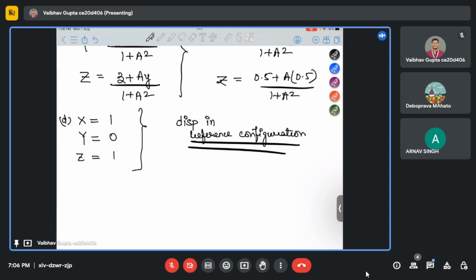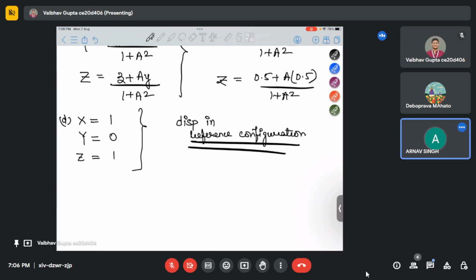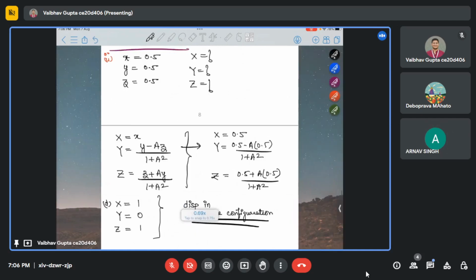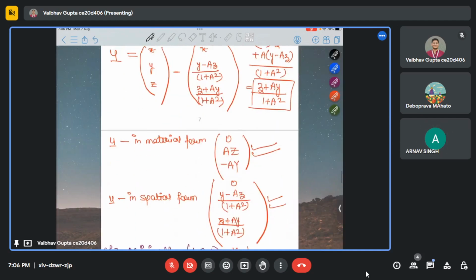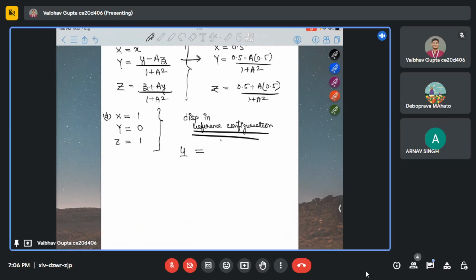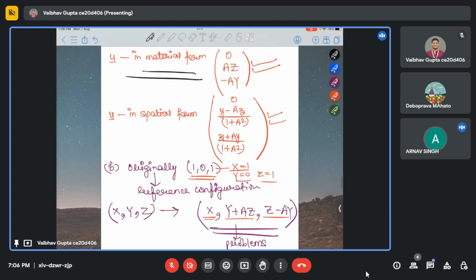So here they ask for displacement in reference configuration. Initially in the first part we found the displacement in material form. So u is nothing but 0, AZ, minus AY, if I'm right.